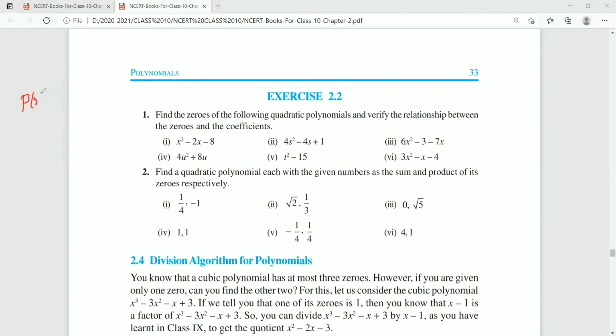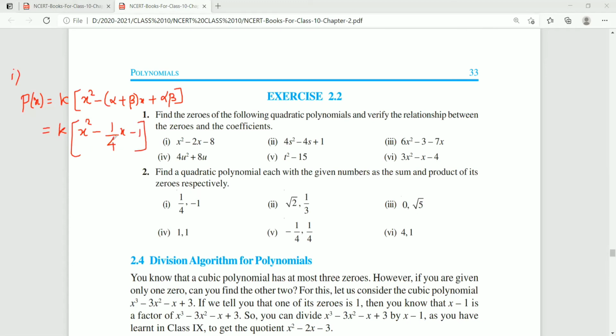It is p of x equals k times x square minus sum of zeros into x plus product of zeros. So here in the first question, they have given the sum of the zeros as 1 by 4 and the product of the zeros as minus 1. So k times x square minus 1 by 4 x minus 1.